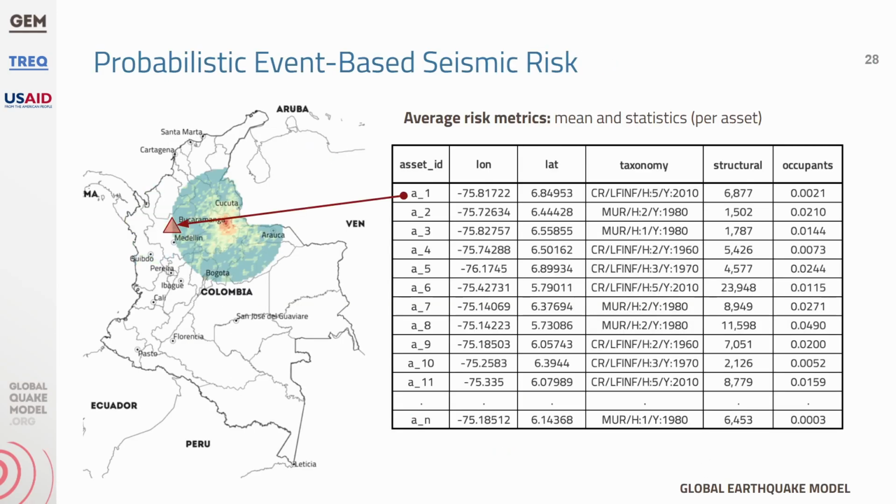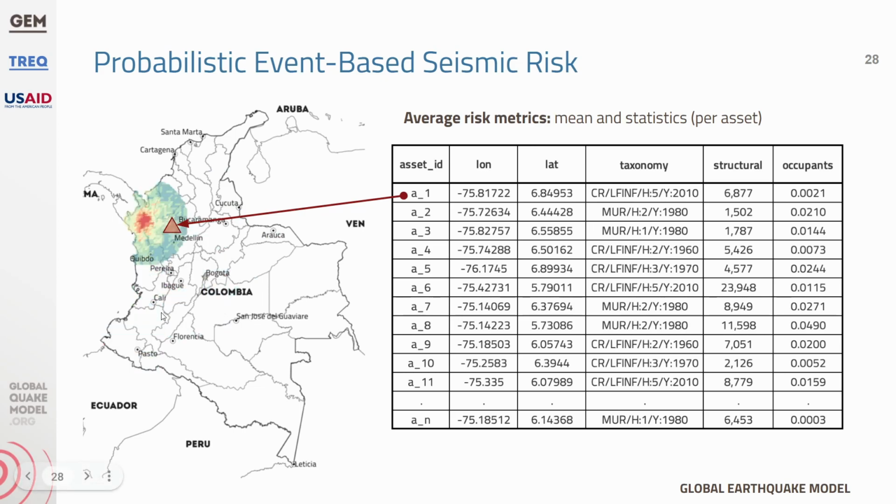So it is also possible to estimate risk metrics per asset. Why? Because while we were doing this particular process of generating the entire stochastic set and estimating the losses, we said that we had the aggregate loss table because we were summing the losses of each individual asset, right?